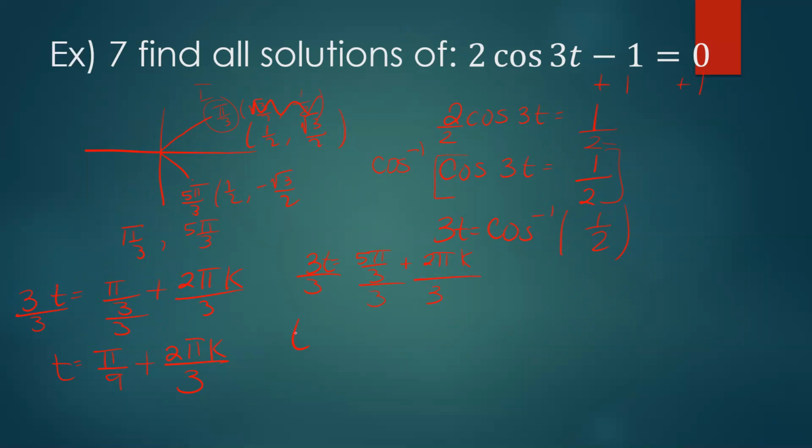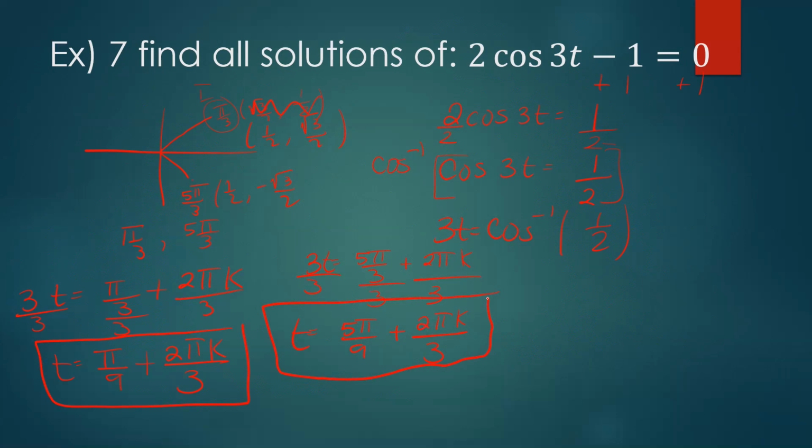So you would get t equals 5 pi over 9 plus 2 pi k over 3. So here are your two answers. Okay, so that's pretty much it.